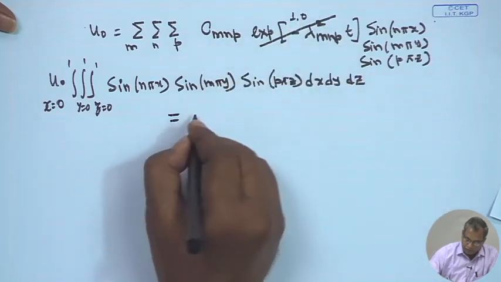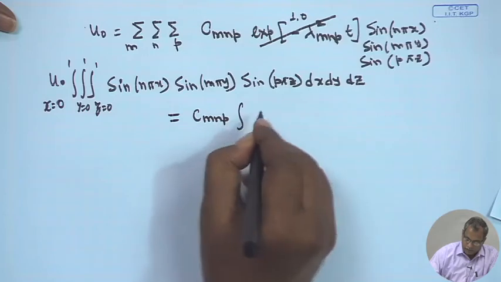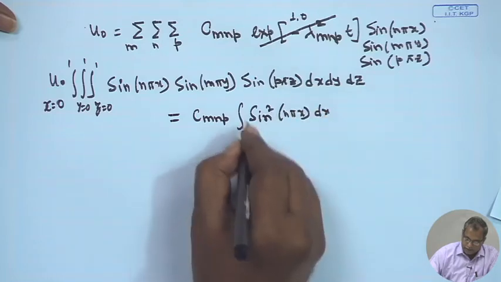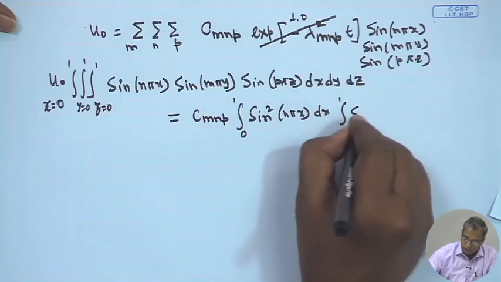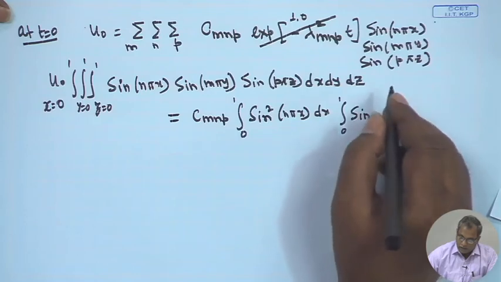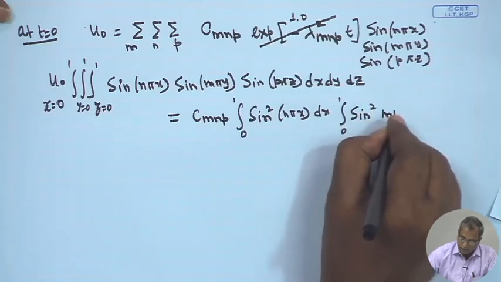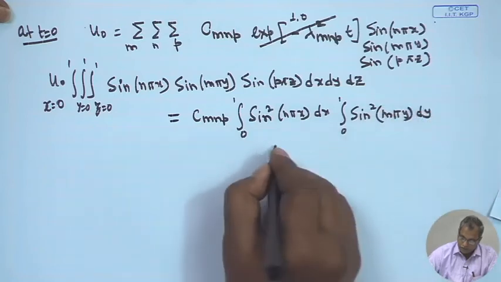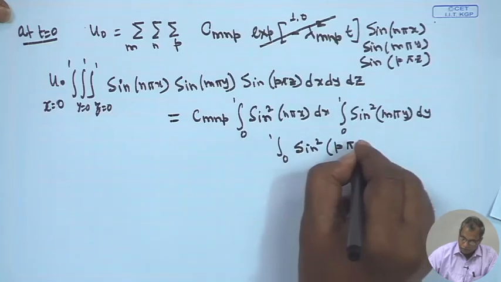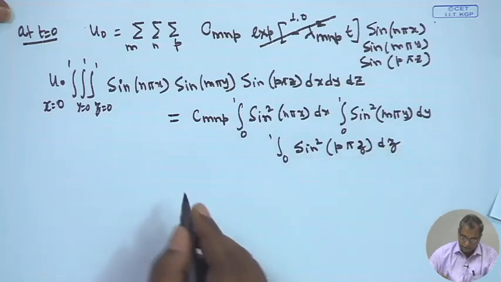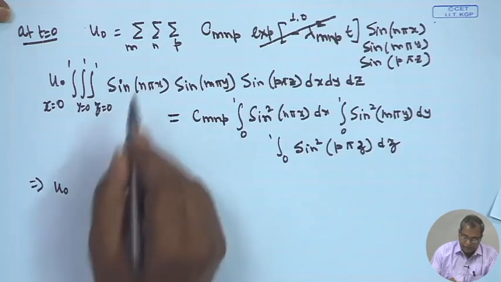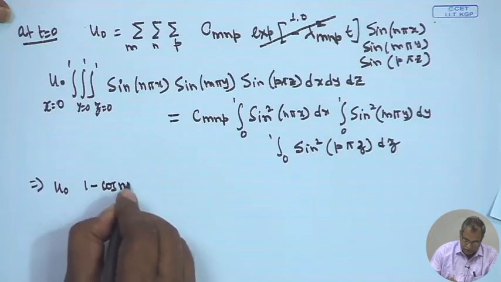So, on the right hand side, you will get C_mnp times the integral of sin square n pi x dx from 0 to 1, times the integral of sin square m pi y dy from 0 to 1, times the integral of sin square p pi z dz from 0 to 1. For u naught, the first integral of sin n pi x dx is nothing but 1 minus cosine n pi over n pi.